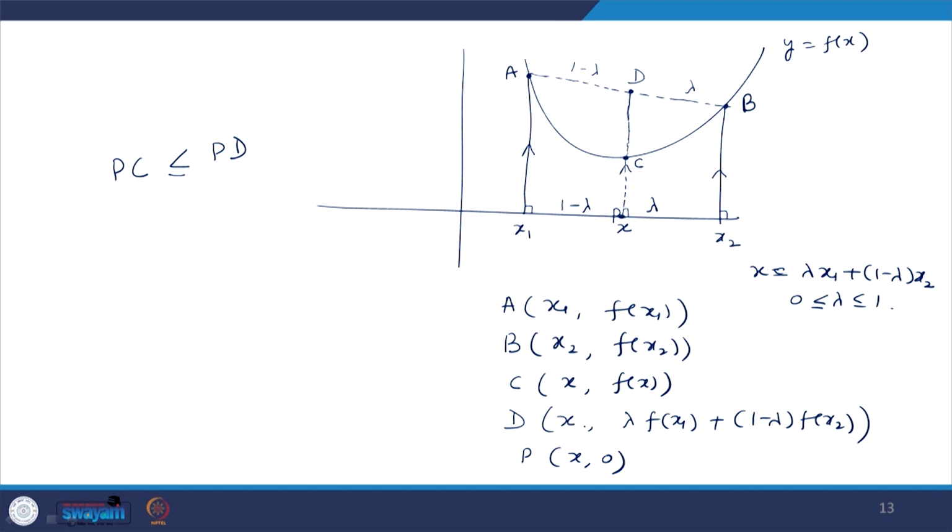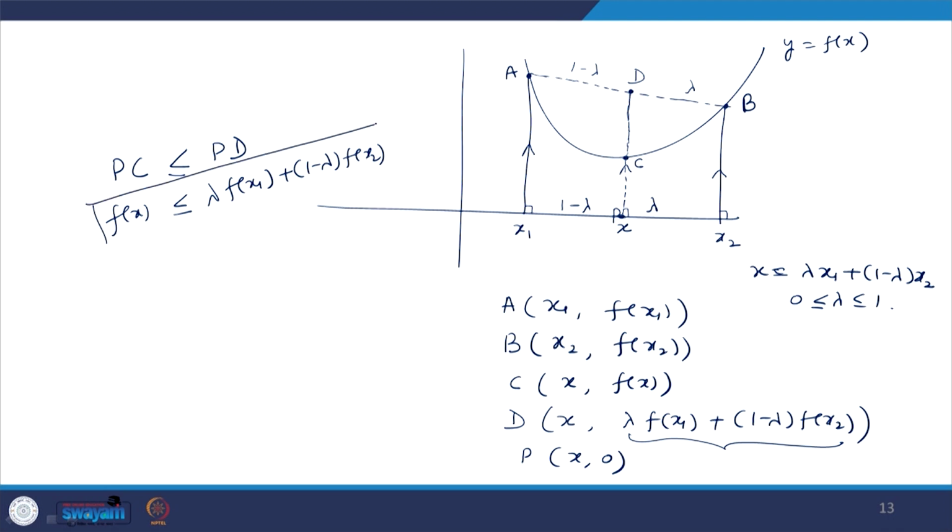PC is nothing but f(x), which is less than or equal to PD. And what is PD? PD is this entire line, which is lambda f(x1) plus (1 minus lambda) f(x2). This is nothing but the definition of a convex function.